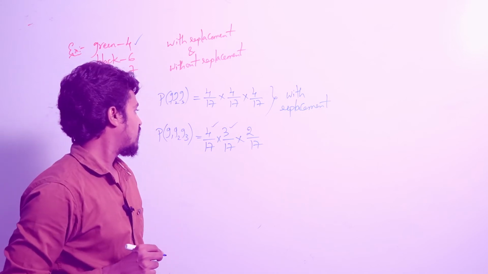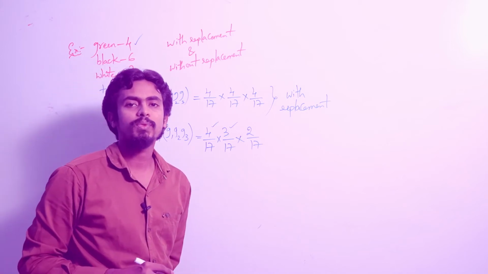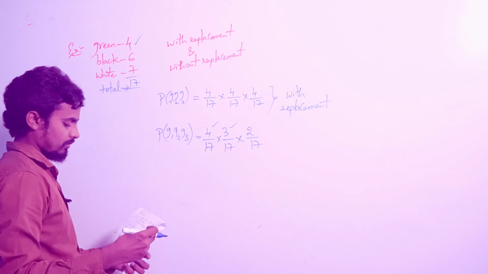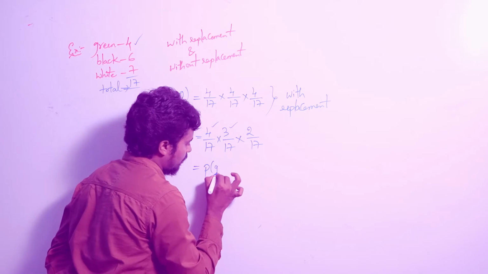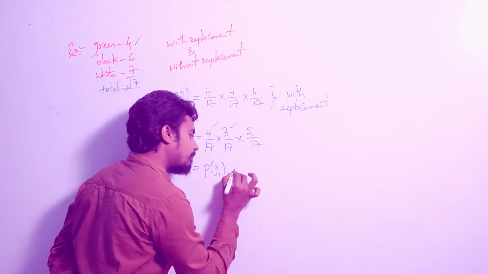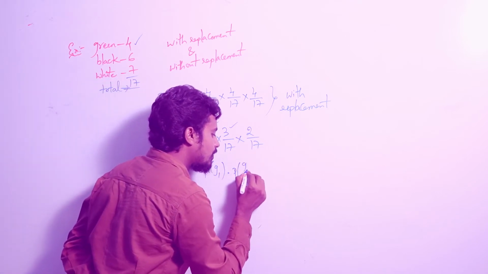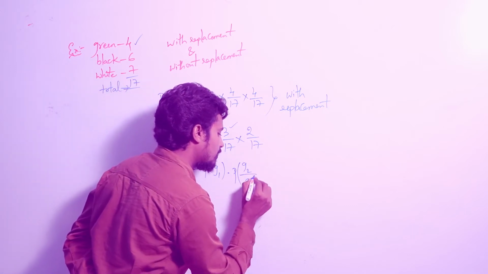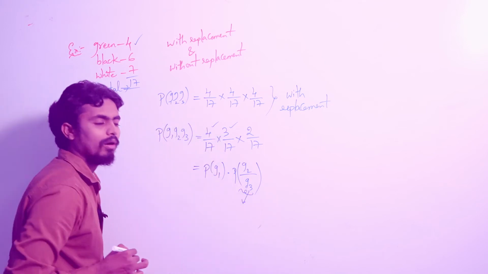Now let's see, in order to write this in terms of G1, G2 and G3 notation, what will happen? This will be P of G1 dot P of G2 given G1. Here G1 will be already gone.